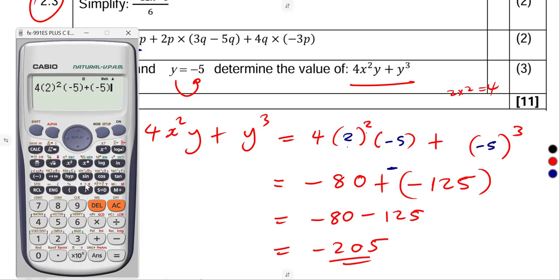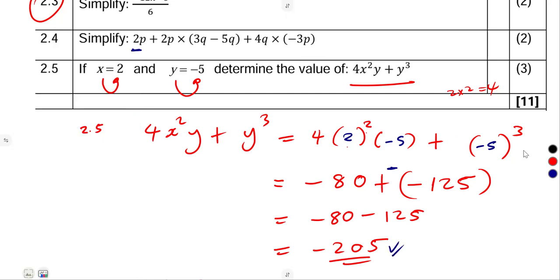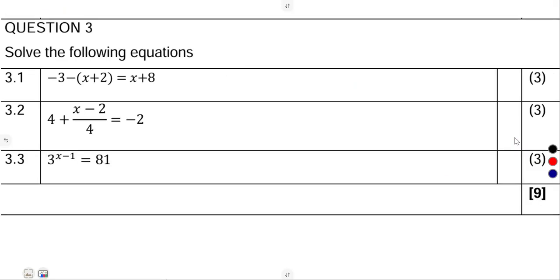Right, so that's negative 5 to the exponent of what? Of 3. So as we can see, we've got the same answer, which is 205. So that is how these questions can be given. So that's negative 205. On question number 3, it is now on solving of equations.